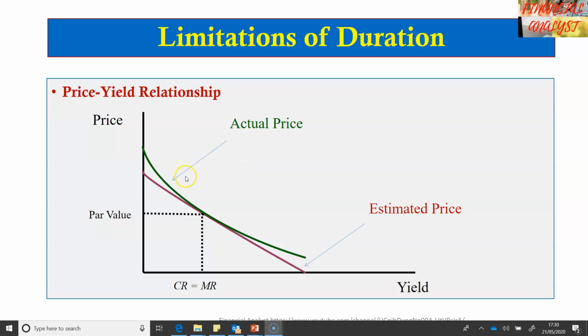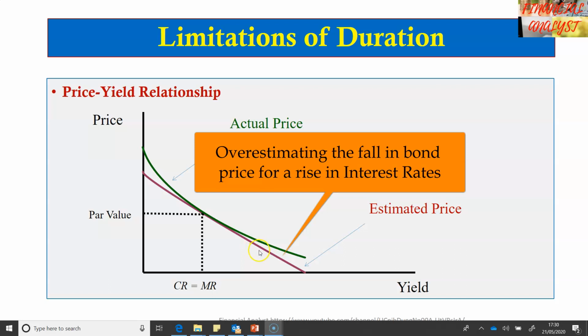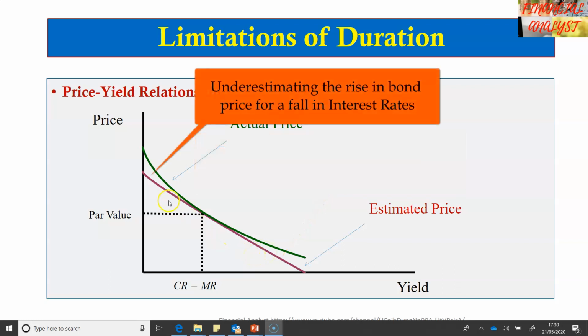However, the actual price line shows that the relationship is convex and the price changes more when the interest rate falls than when the interest rates rise. That is the reason that duration is overestimating the fall in the price of the bond for a rise in interest rate and underestimating the rise in the price of the bond for a fall in interest rates.